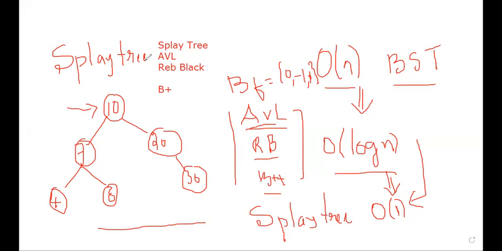In other words, it's a specific type of binary search tree in which we perform operations such that an operation on an element will rearrange the tree so that the element is placed at the root portion of the tree. So that's one definition. I repeat once again.